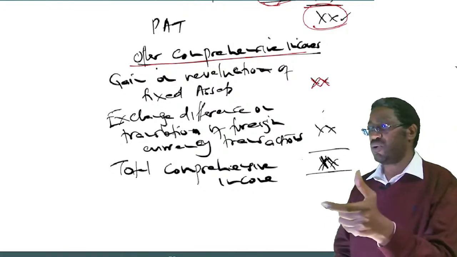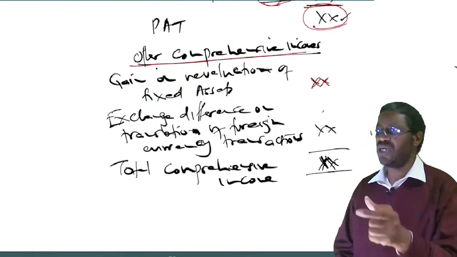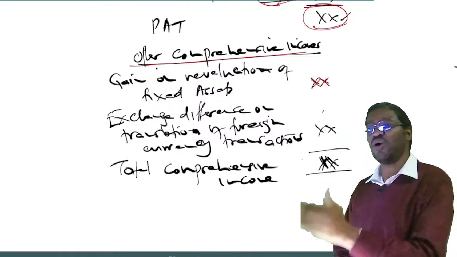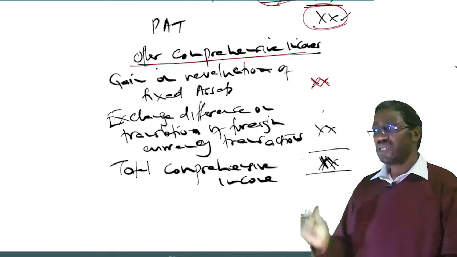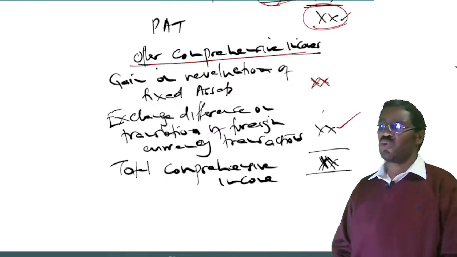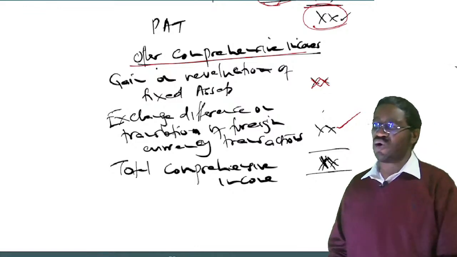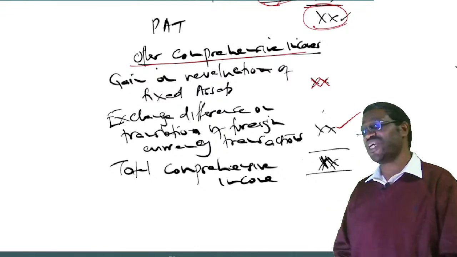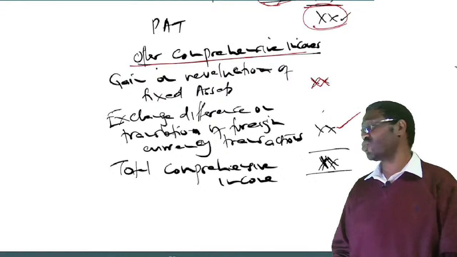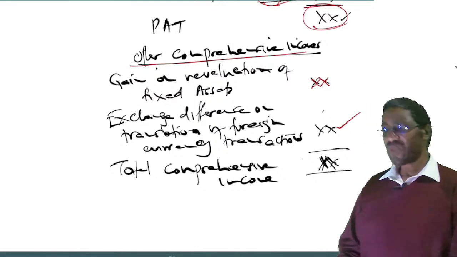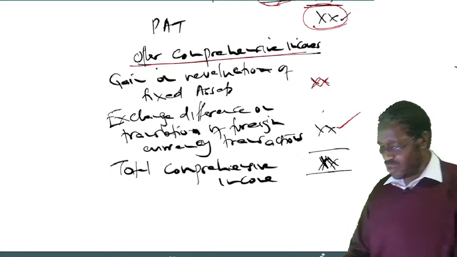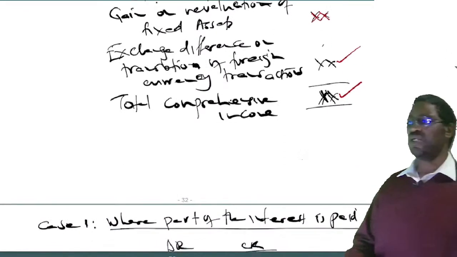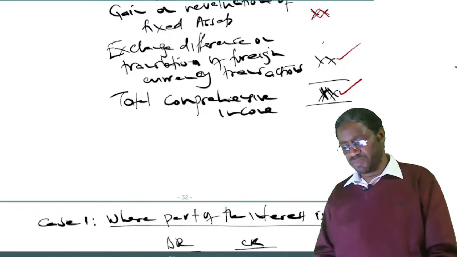That is an example of what we can classify as other comprehensive incomes. The other example we gave was the exchange difference on translation of foreign currency transactions. Once you do that, you get the totals, and the total is what we were calling total comprehensive income.